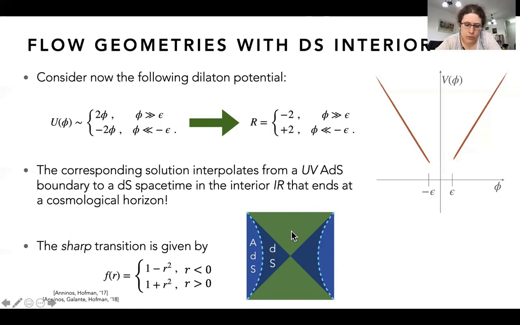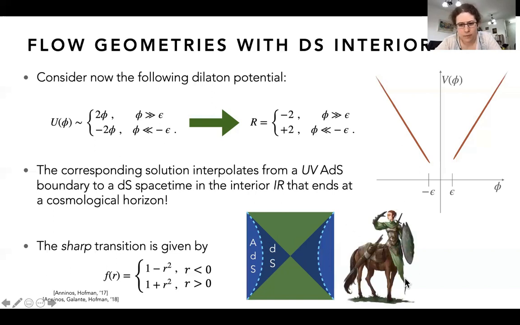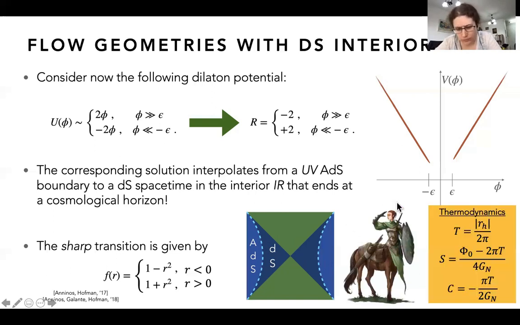As you go to the horizon, it decreases, and then at some point it turns into ADS, so it starts increasing again. And it's a two-sided geometry, so as usual, it's dual to some thermofield double like state. And since it's essentially a patched geometry with the head of ADS and the tail of DS, or the other way around, it got the name of centaur geometries.